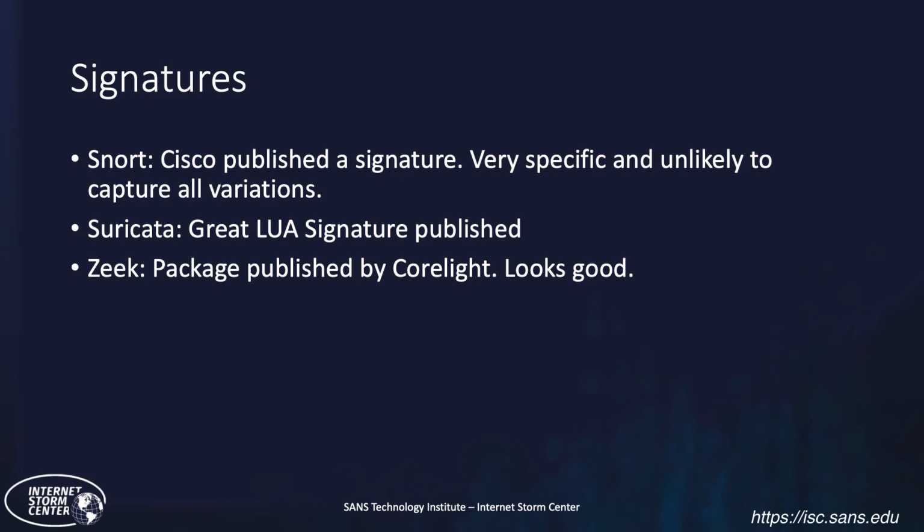Well, what's the length that's following that option? So that kind of makes a little bit more sense. Similar for Zeek, the Zeek script here that has been published by Corelight does pretty much the same thing. So these signatures are, I think, reasonably good.